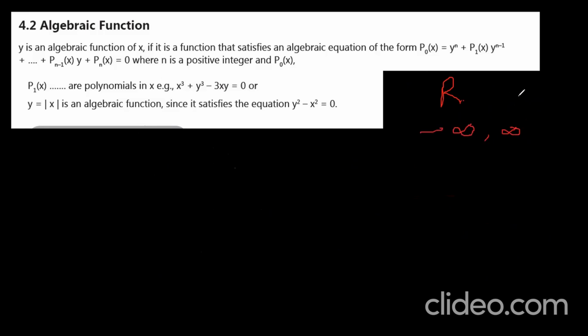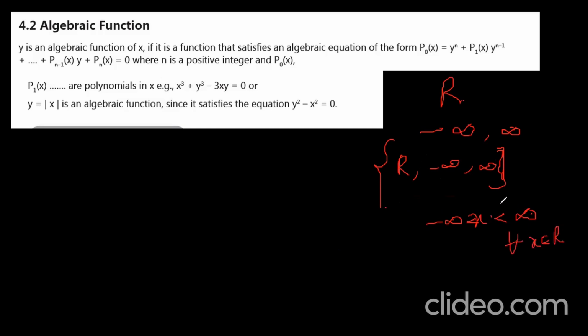I am taking that, minus infinity comma plus infinity. If I take this set, this is called the extended real number system, such that minus infinity is less than x less than plus infinity, for all x belongs to R.